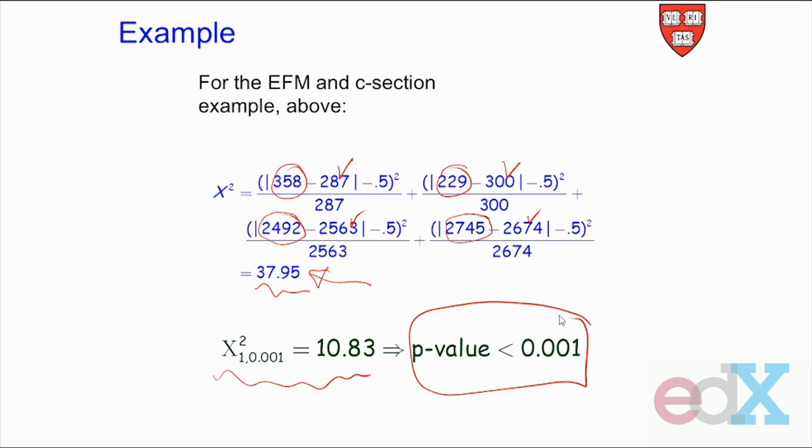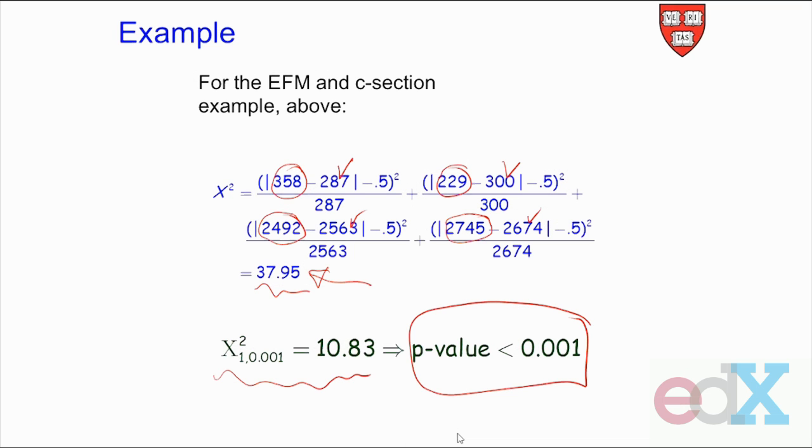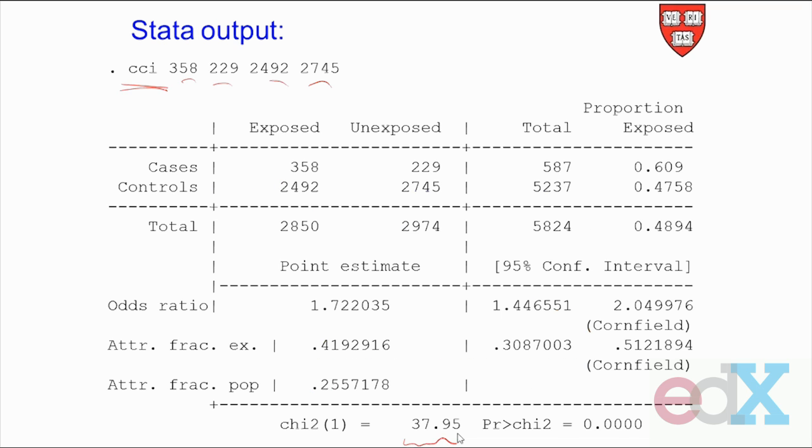If we go straight to Stata, there it is, cci, so it's a case control, and the i means that it's immediate, so I just threw in the 4 numbers from the cells, and there they are. And Stata spits out this, and there's the chi-squared, and it's 37.95, same as before, and the p-value, the previous slide was an approximation.